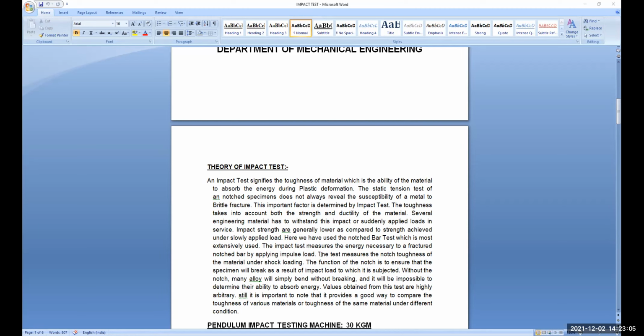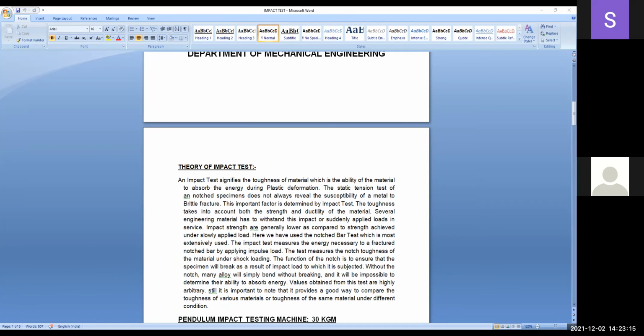The notch test measures the notch toughness of the material under shock loading. What do you mean by notch toughness? There is a notch on the bar of certain measured, well-defined dimensions. But why have we made it like this?